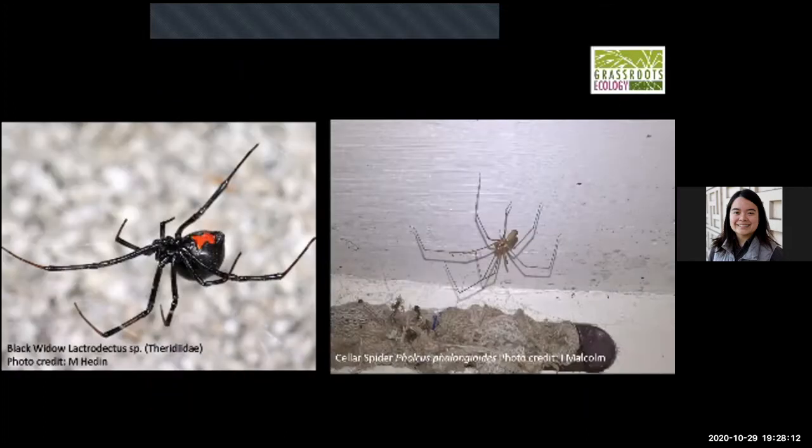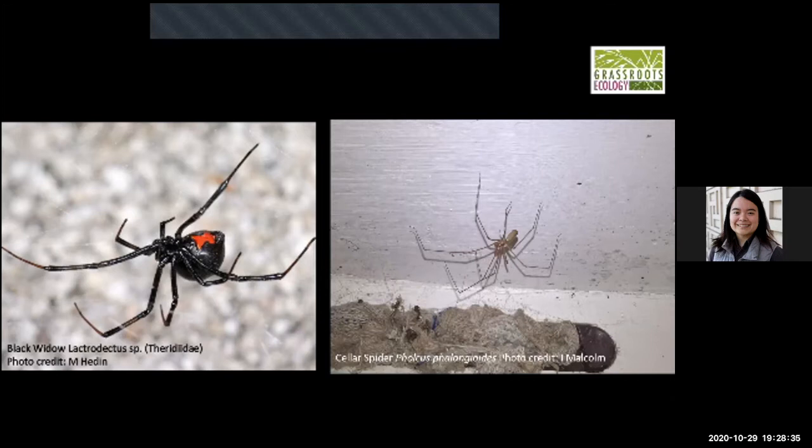And I know there's a huge diverse amount of spiders that make this type of web, but I want to just highlight two of them. We have our very, very charismatic black widow. She is a beauty. She is jet black with the red hourglass shape on her abdomen.